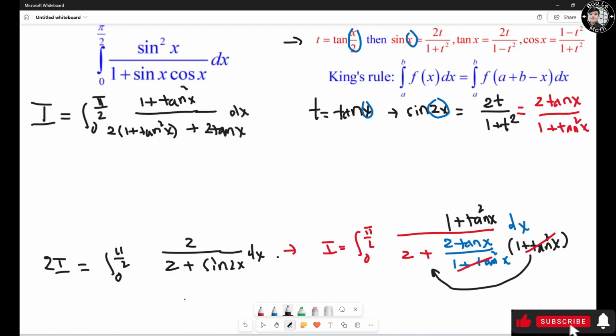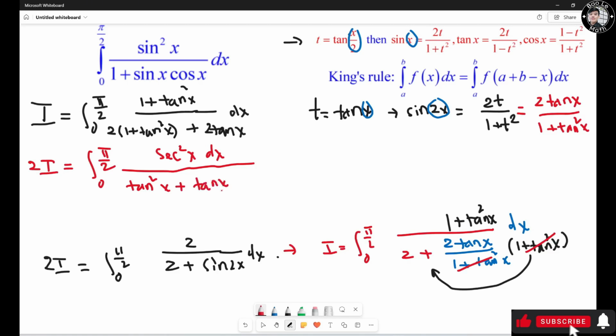In the bottom I factor 2 out, so I multiply both sides by 2. I have 2I equals the integral from 0 to pi over 2. For 1 plus tangent squared of s, I just use the formula: it's secant squared of s ds. The bottom turns out to be tangent squared of s plus tangent s plus 1.